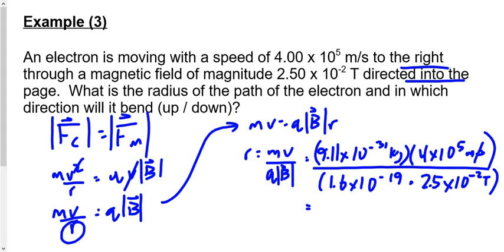Add another half, or 0.8, and we get 4. 4 cancels with 4. And we end up with 9.11 times 10 to the minus 31, 26. Negative 26 divided by negative 21 is 9.11 times 10 to the minus 5 meters.